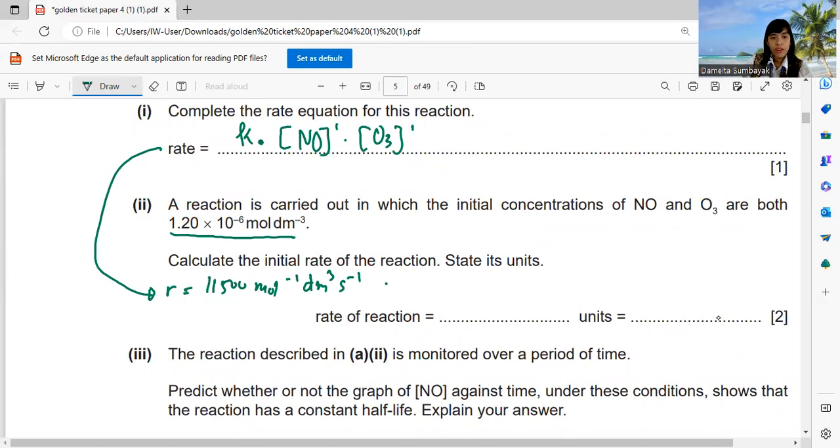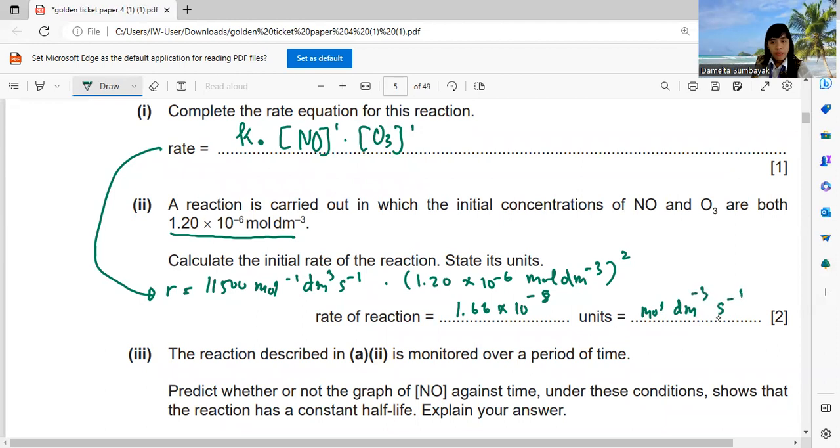And then the concentration of NO is this one, 1.20 times 10 to the power negative 6 mol per dm^3. Since the concentrations are the same, we can square it. So if you do the calculation, the rate of reaction is 1.66 times 10 to the negative 8. The unit is mol dm^-3 s^-1.